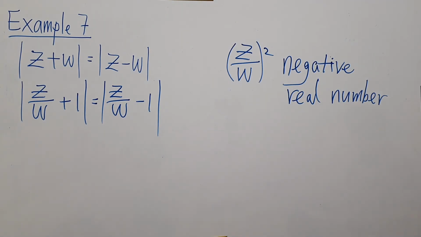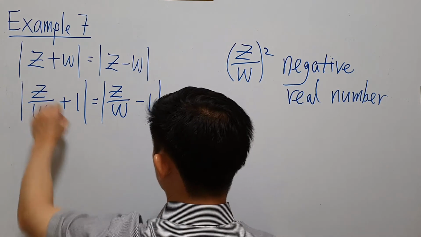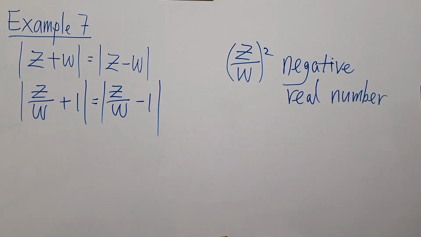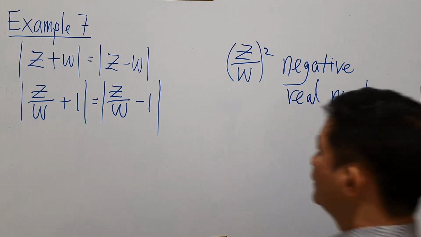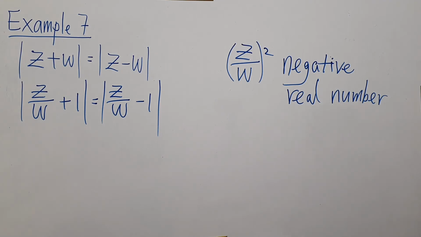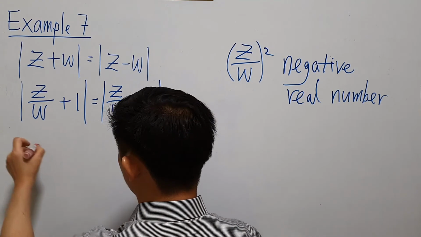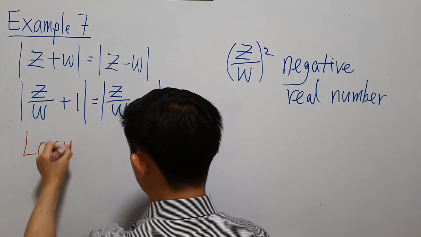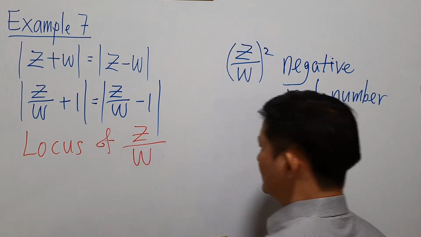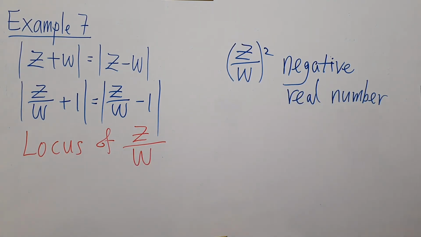If I divide throughout by W, what you see now is actually the complex number Z over W. If now I ask you to draw the locus of the complex number Z over W that satisfy this equation, what do you think it looks like?